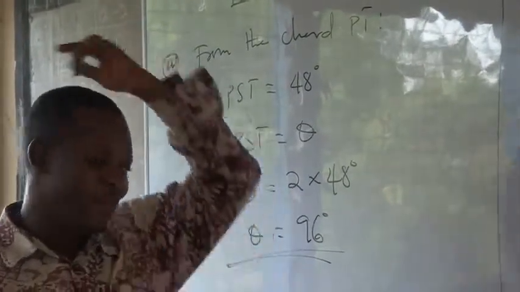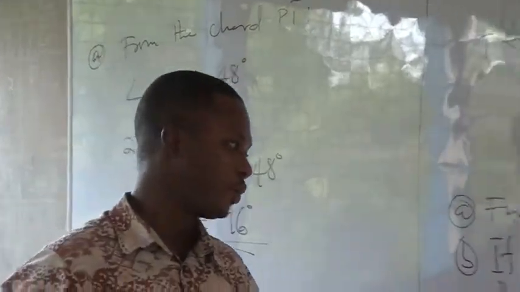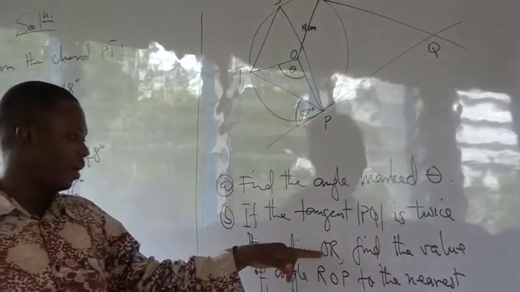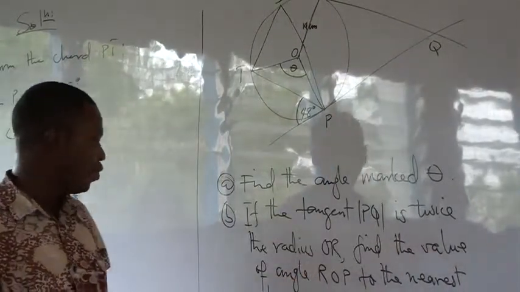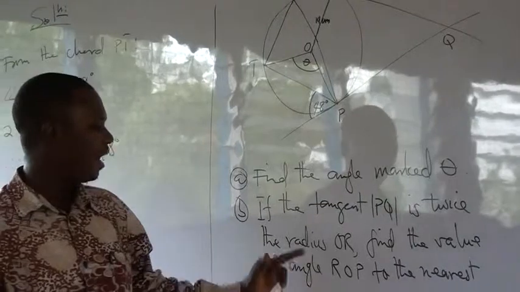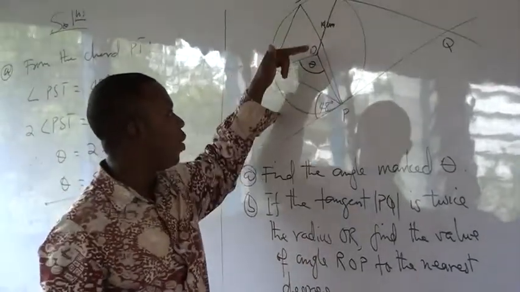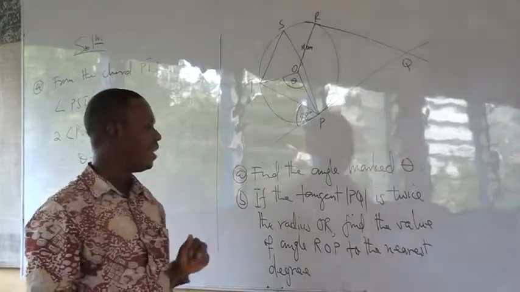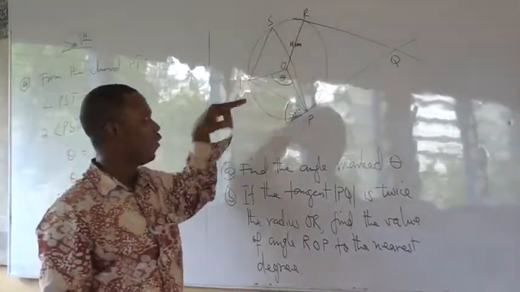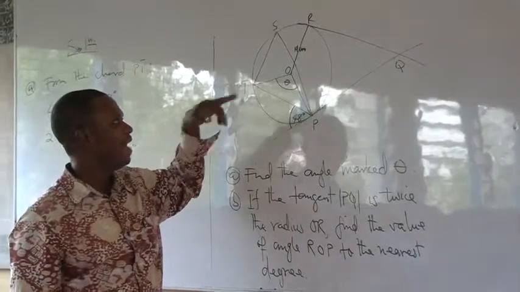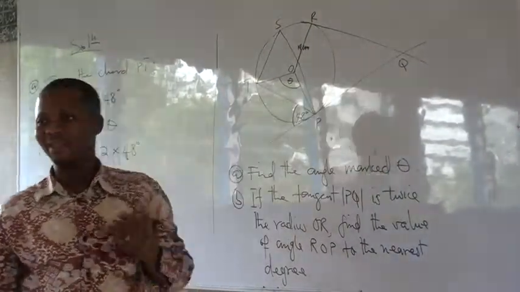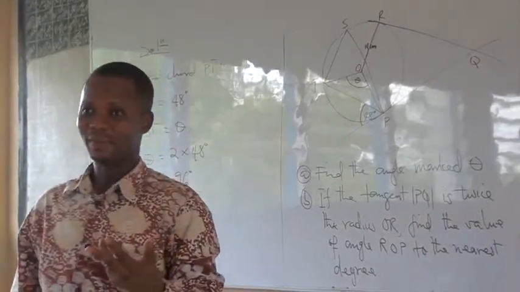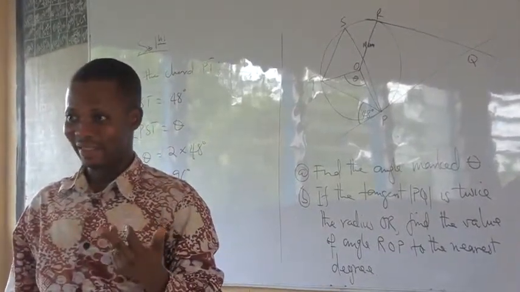Okay, the B part. What are you supposed to do? Say if the tangent PQ is twice the radius OR, find the value of the angle ROP. The radius is 14 centimeters, and the tangent is twice the radius, meaning that the tangent is 28.